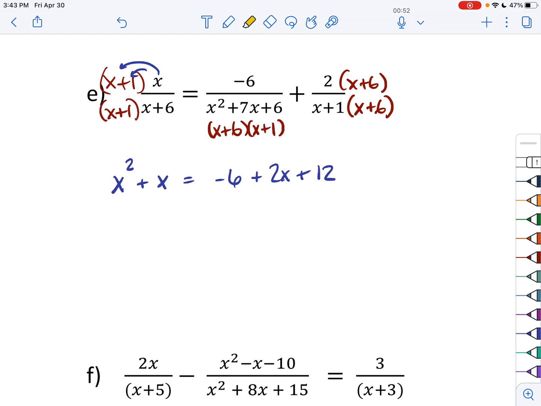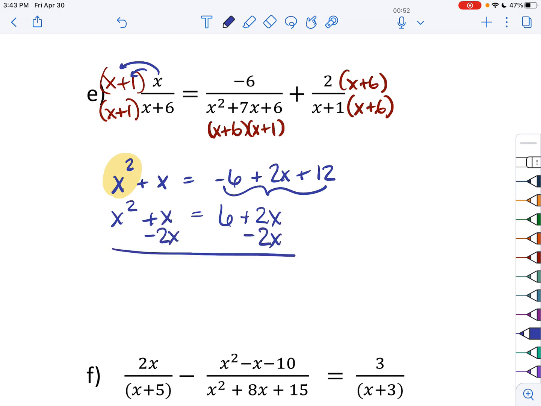So what you should immediately notice is this x squared term, right? We haven't had one of those before show up in our equation, but it's fine. Let's just keep working through it and see if we can make this happen, right? So I can combine my negative 6 and my 12 to be 6, right? And then I could subtract my minus 2x on both sides to get it over to the other side.